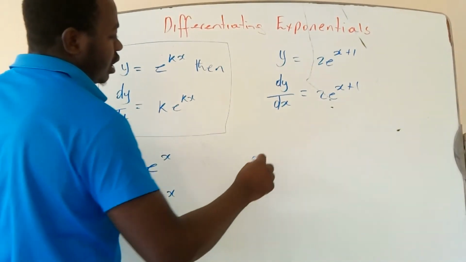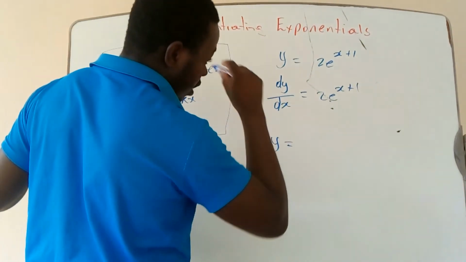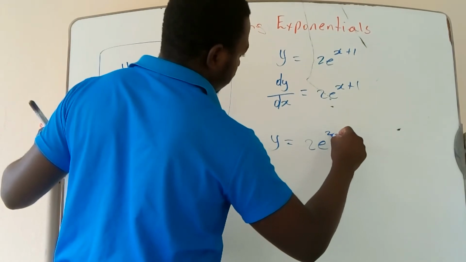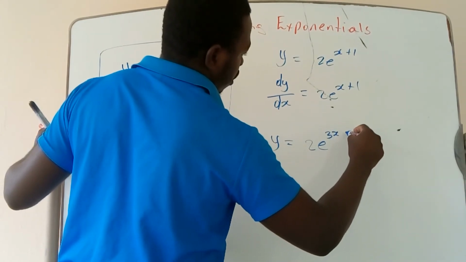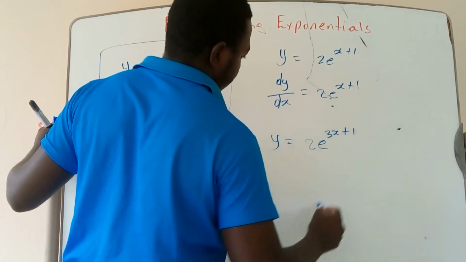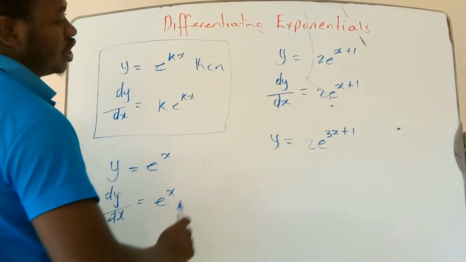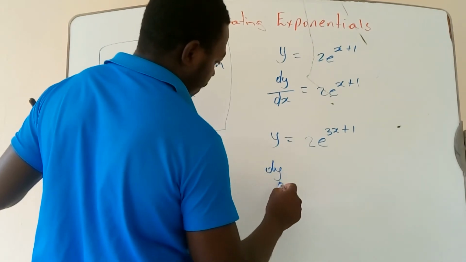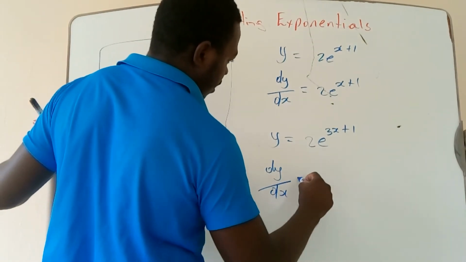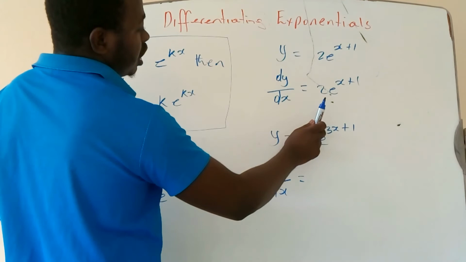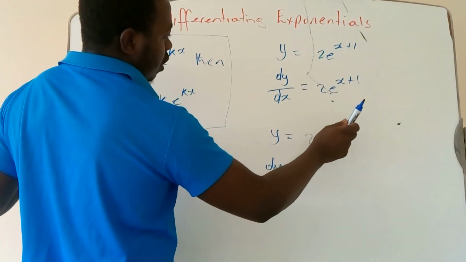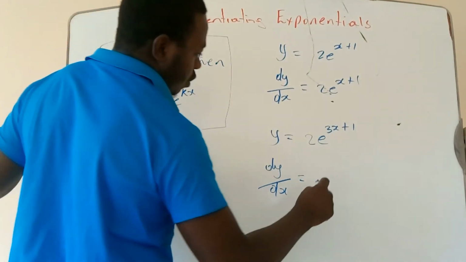Let's look at another one. Let's say I have y is equal to 2e to the 3x plus 1. And you are asked to differentiate this function. Then dy by dx is equal to, if you differentiate 3x plus 1, that gives you 3.